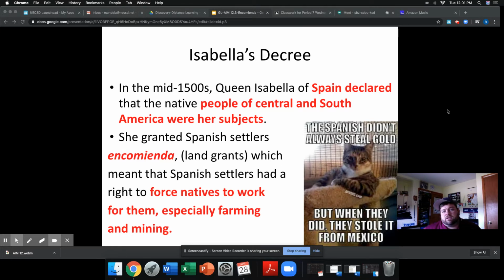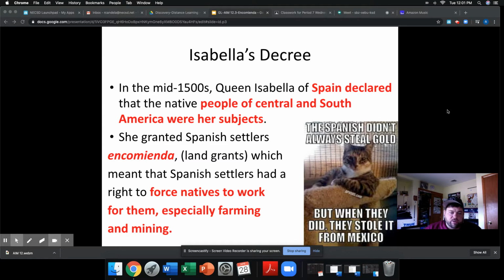So once these lands are claimed for Spain, for example, Queen Isabella of Spain declares that not only does the land belong to Spain now, but so do all the people living on it. So what she starts to do is give Spanish settlers these land grants, which she basically says, here, go to this place and take this piece of land and work this land and send back here cash crops and raw materials, and we will share in the profits with you, and so on and so forth.